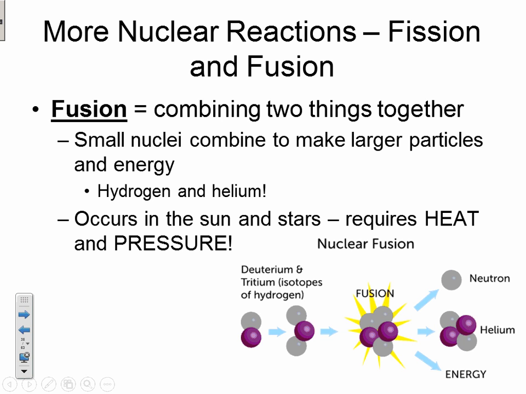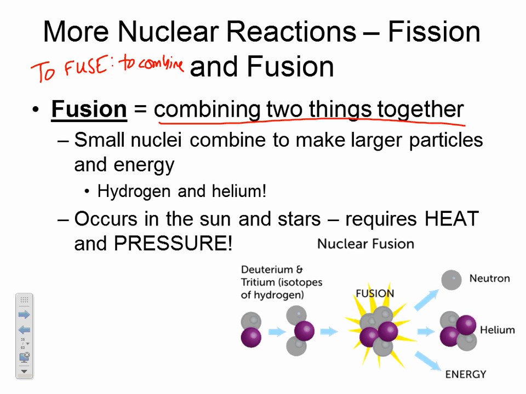So fusion, first up, fusion. To fuse, right? To fuse means to combine. So the word fusion must be about this combination, and it is. So it's combining two things together. It's a combining of nuclei together, actually.